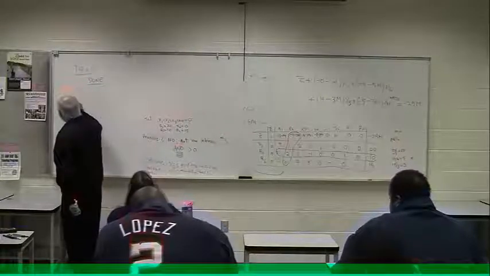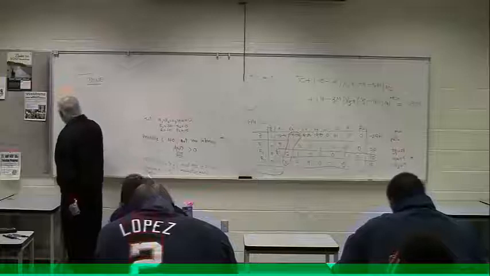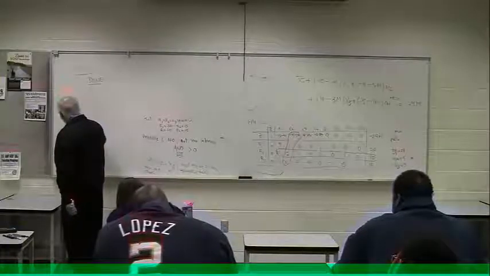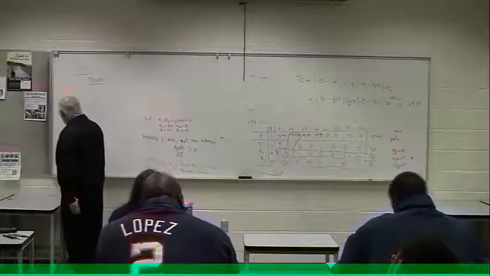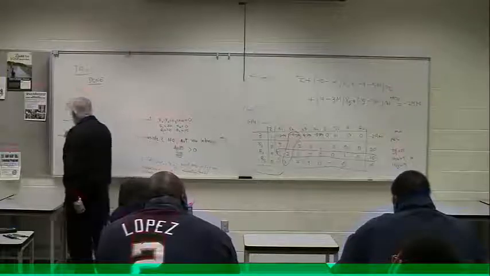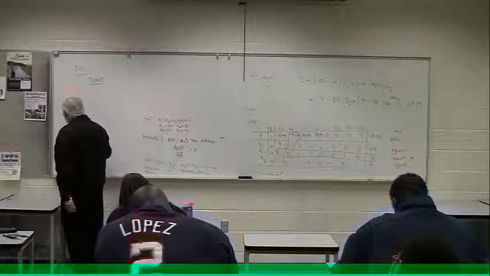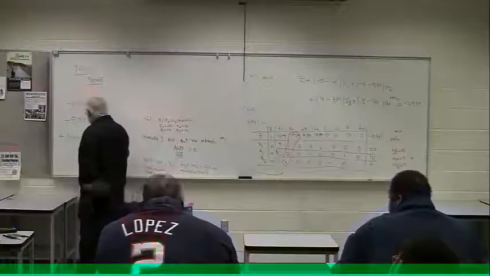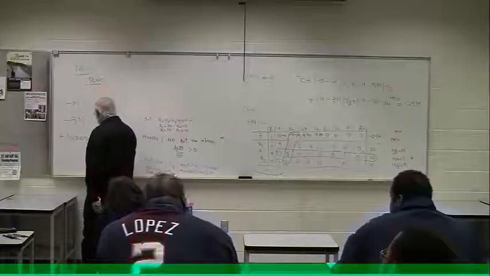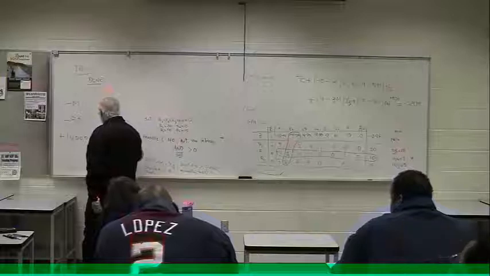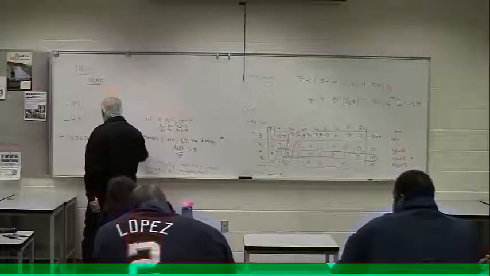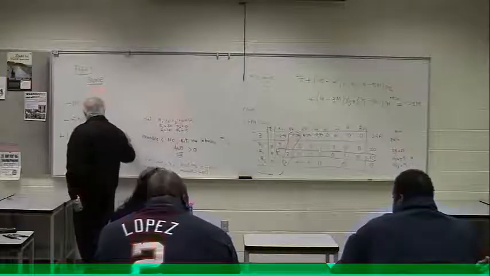Okay. Minus m minus 5m plus 10,000 minus 0.00000m 1.